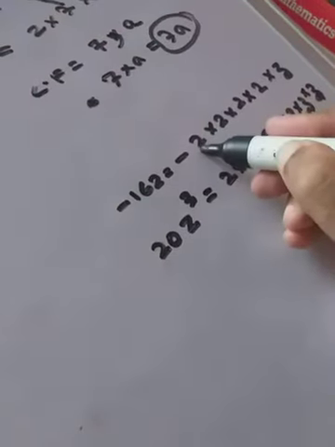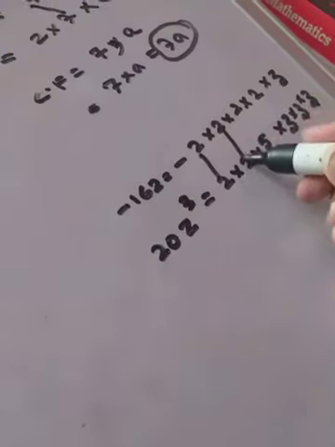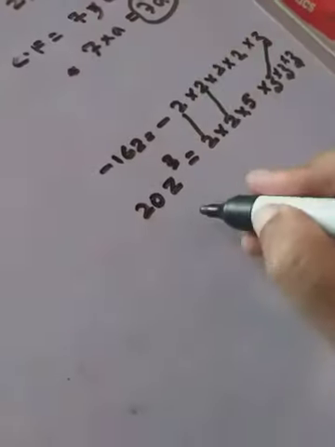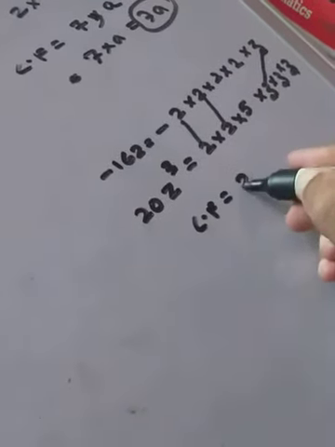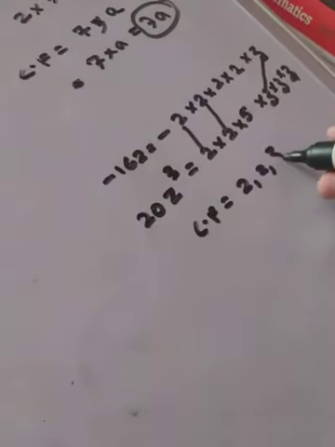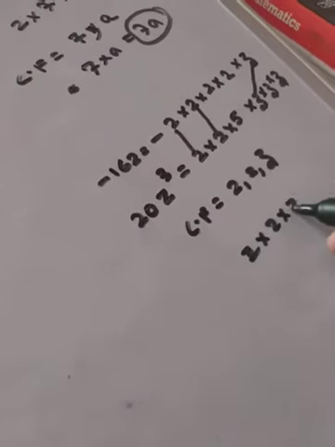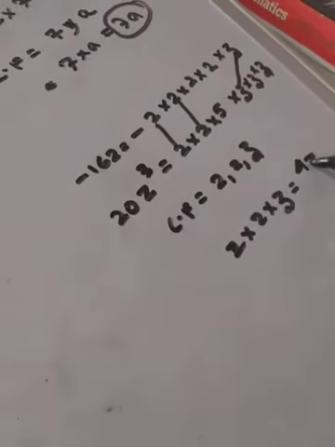So what terms are common? 2 twos and z. So the common factor is 2 into 2 into z, so it will be 4z. So you will take 4z as common.